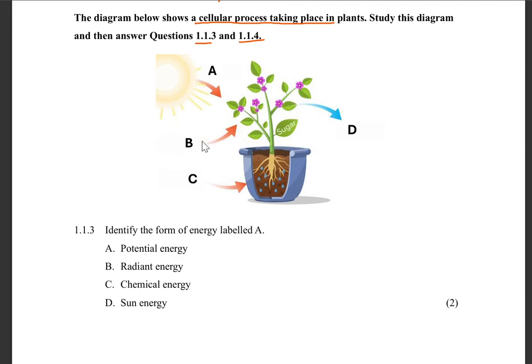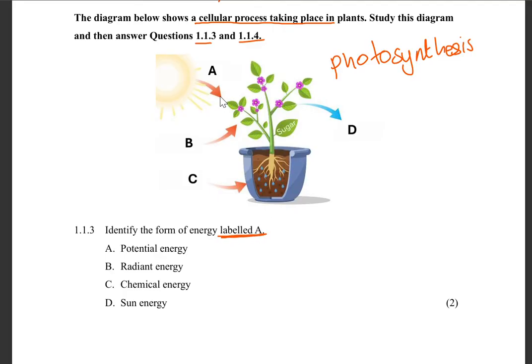I'm assuming this is something from the atmosphere that is also needed by the plant, and something from the soil that is also needed by the plant. So we can obviously tell that the process that is taking place here is photosynthesis.